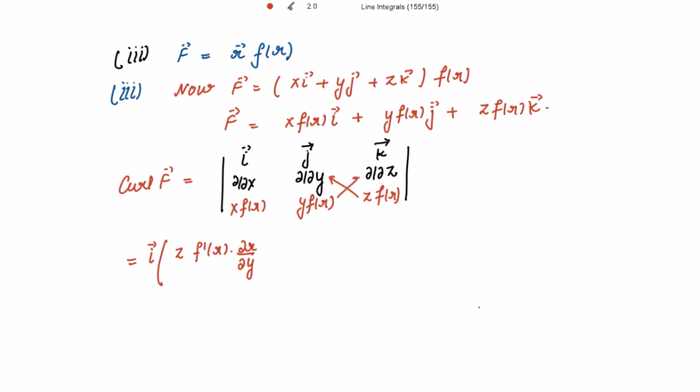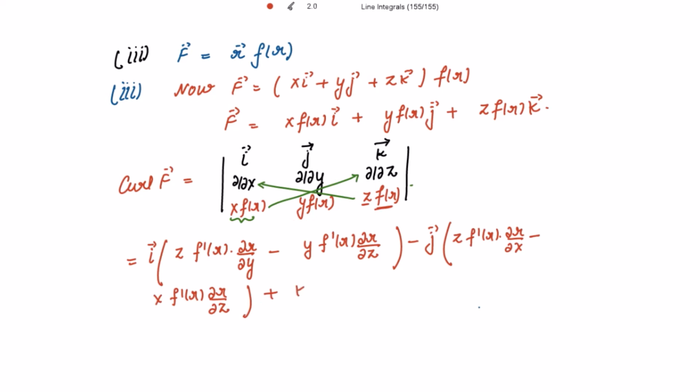Then minus ∂/∂z of y f(r). So that is first function times the derivative of f(r) with respect to z, that is f'(r) into ∂r/∂z. Then plus the second function into differentiating y with respect to z, that is again 0. So that's it. Similarly, minus j vector plus k vector.